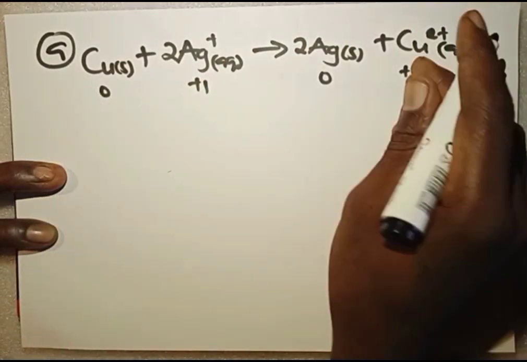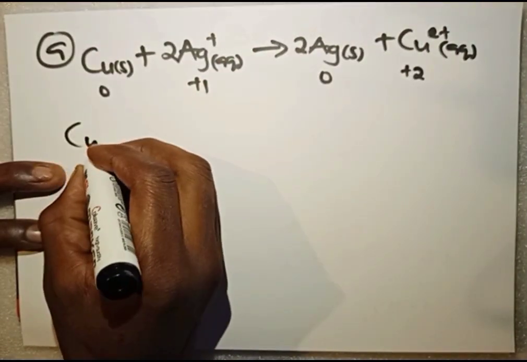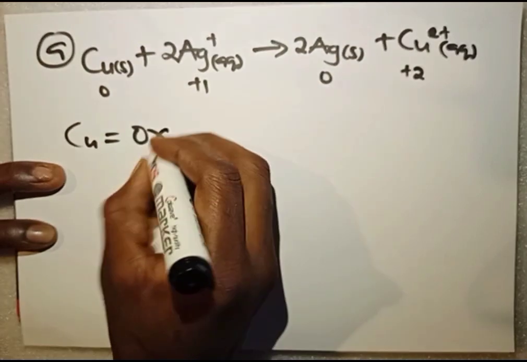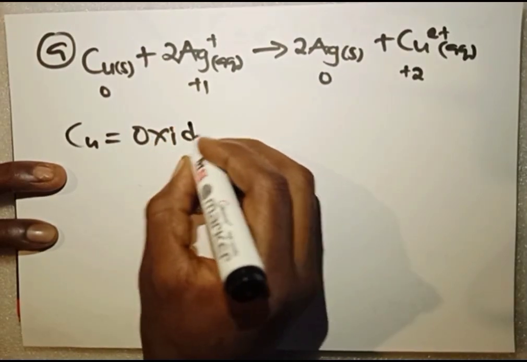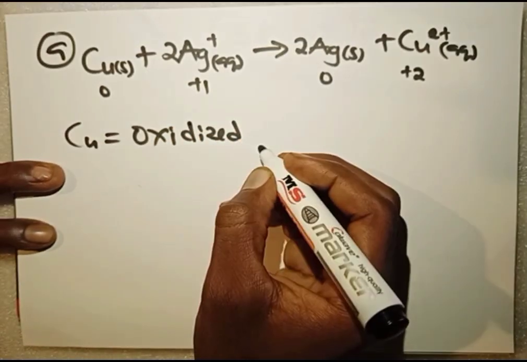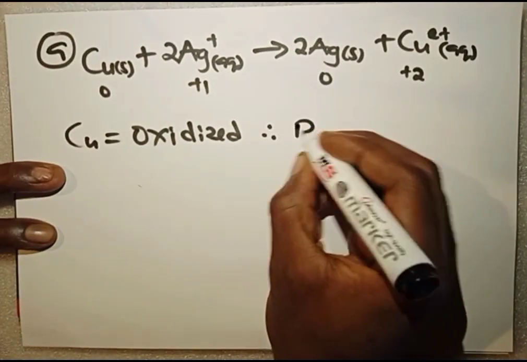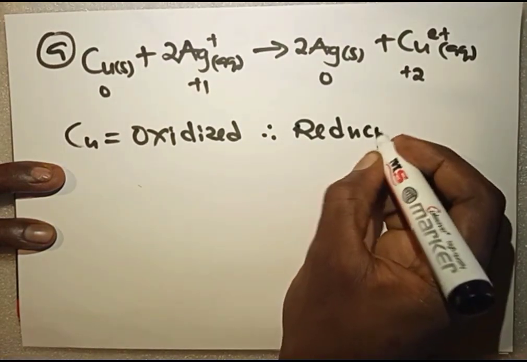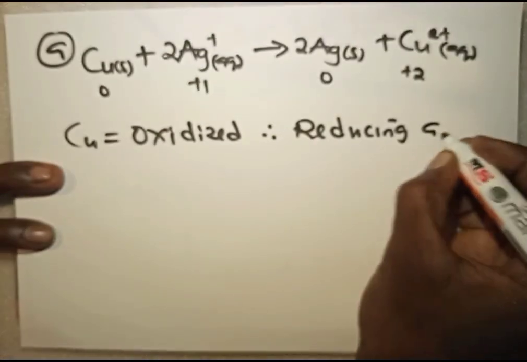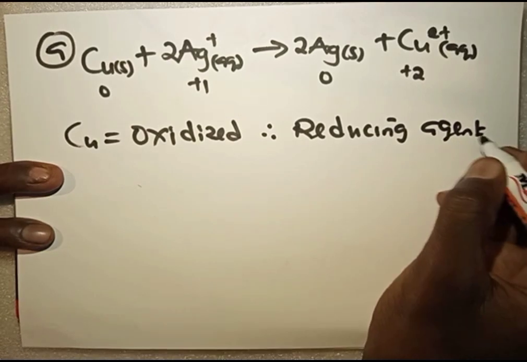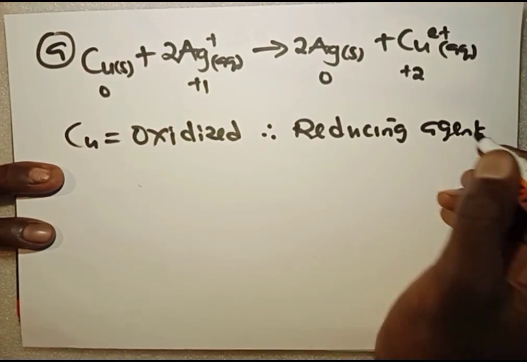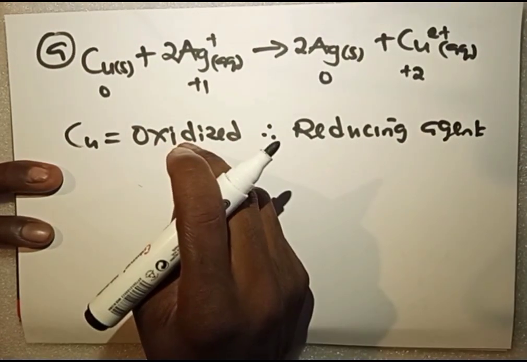Since the oxidation number of copper has increased, copper has been oxidized. Okay? Copper has been oxidized. Therefore, it is a reducing agent. Since it is a reducing agent, it has been oxidized.